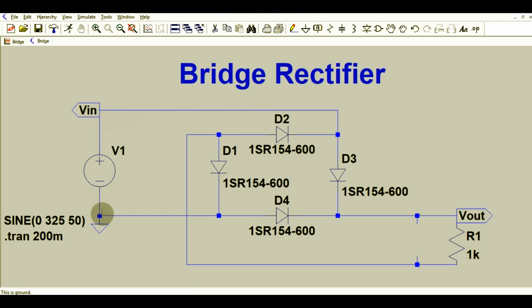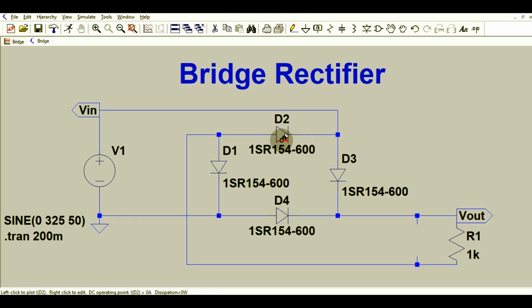That means it starts from negative side and it completes at positive side, right? So for the negative half cycle, diode D4 and diode D2 conducts, right? Okay, so hope you understand how bridge rectifier works. Now I will run the simulation, okay, and I will show you the waveforms.